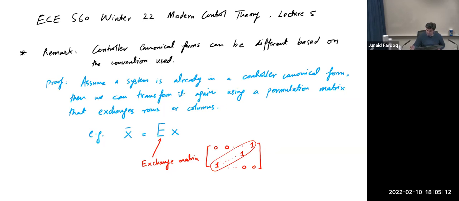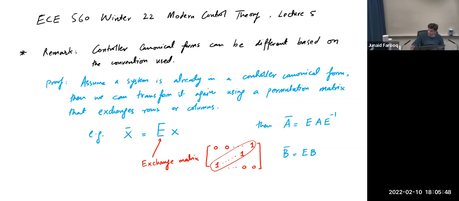So for example, in this scenario, your A bar will be T times A times T inverse, but here we have E as the transformation matrix. So we'll have E times A times E inverse, and B bar will be E times B.